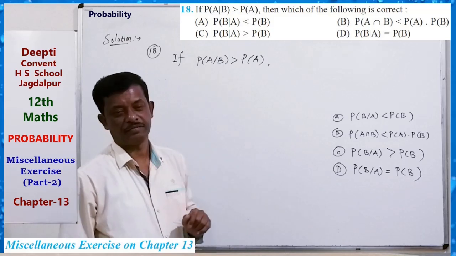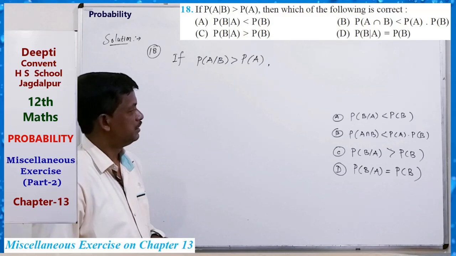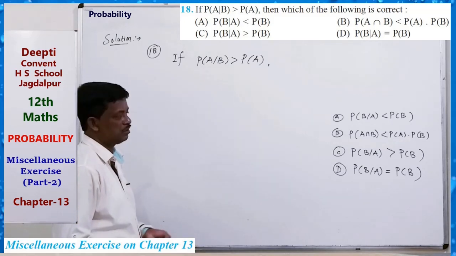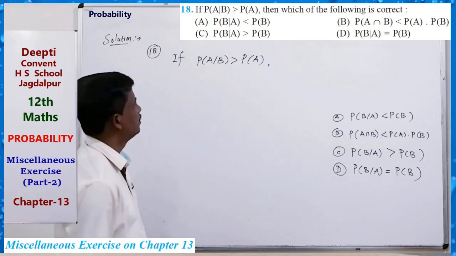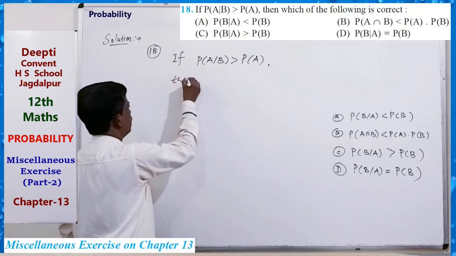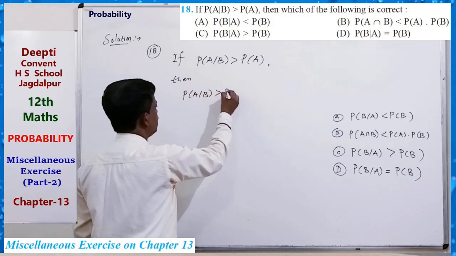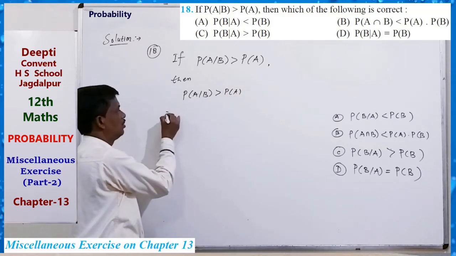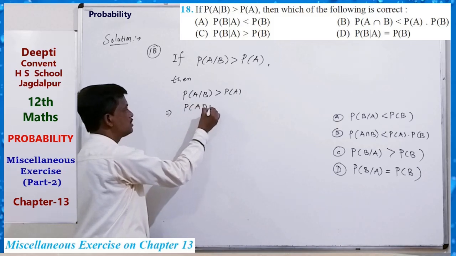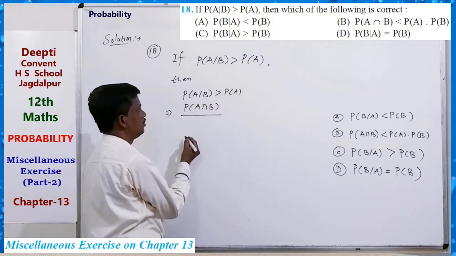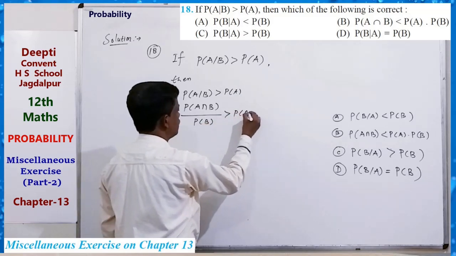What can we do? Use this formula, because here we have A intersection B, here A by B. P(A|B) is greater than P(A). Using the conditional probability formula, P(A intersection B) upon P(B) is greater than P(A).